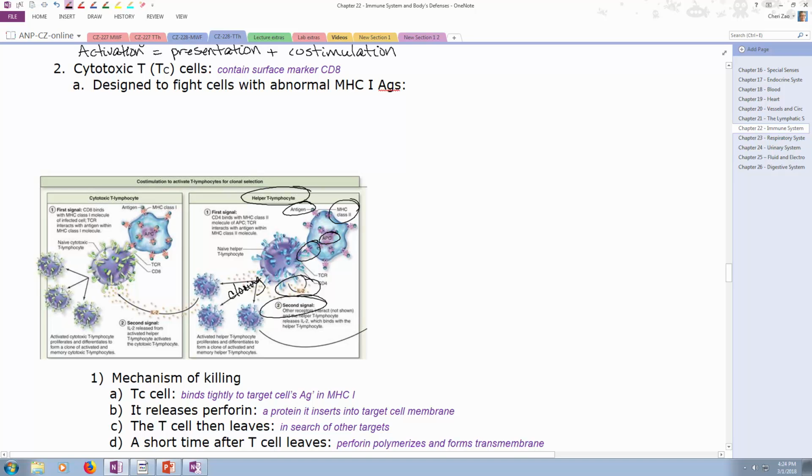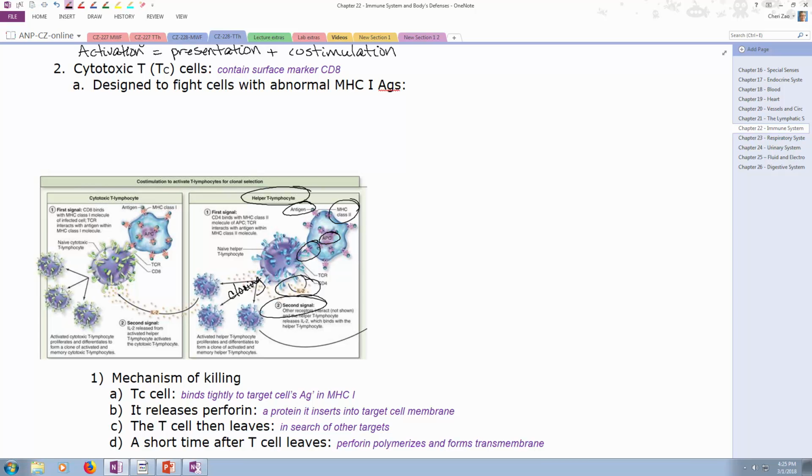Now that activated helper cell is going to clone, which means make a whole bunch of its cells that are ready to go out and do its job, which is to help everybody else clone and do their job. That's what a helper cell does. A helper cell goes out and helps all other cytotoxic T cells and even B cells go out there to clone and do their job.